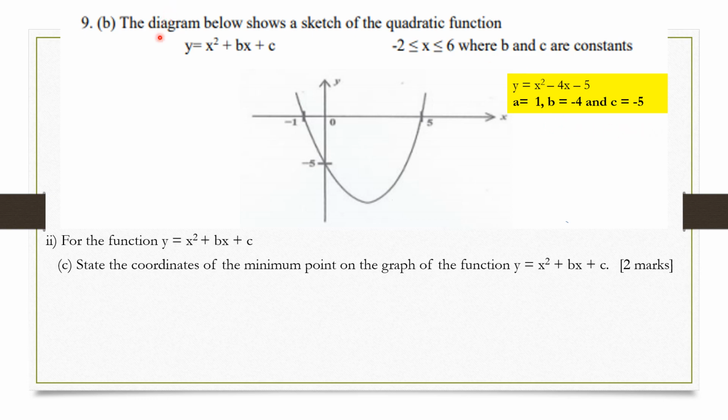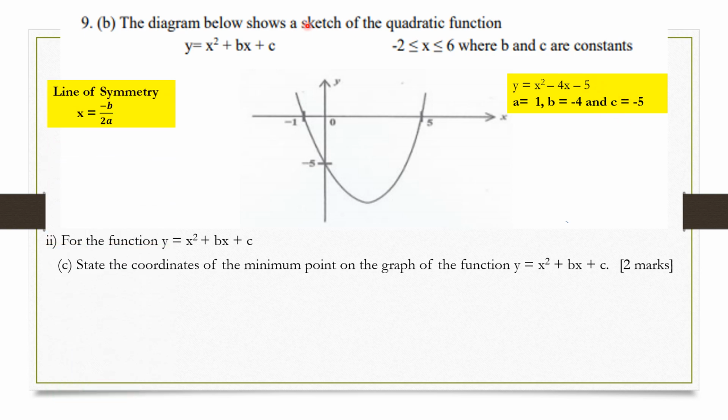Because remember, it's in this format, x squared plus bx plus c. B is the value in front of x, or the coefficient of x, and in this case it is negative 4, and c is the constant, and here it is negative 5. We have to take the sign in front of the numbers, is negative 5.